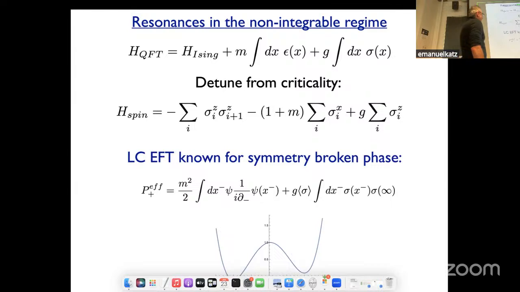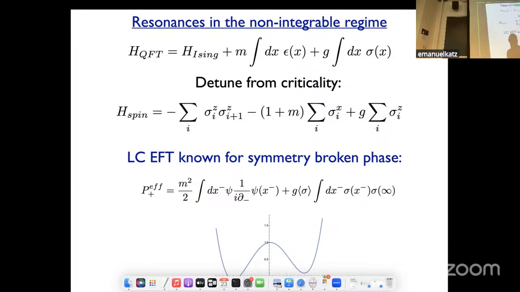However, in the case of the symmetry broken phase, which in some sense is the more interesting one, this is it. So there is the term that we already discussed, plus this new term. By the way, the epsilon, in terms of the Ising operators, is this, but in terms of field theory, this is nothing but a mass for the fermion.